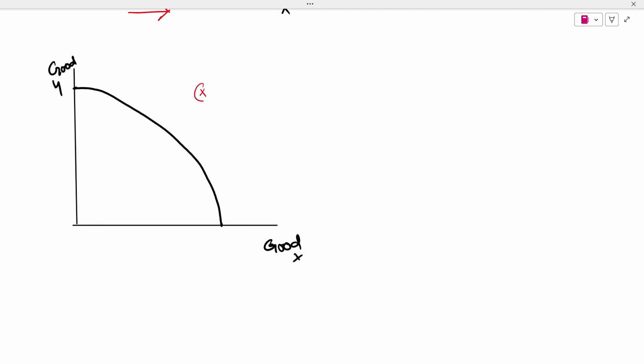This point which is outside the PPC basically represents that this is unattainable at the moment, because it means that we do not have sufficient resources to attain this point. We don't have sufficient technology available. We don't have sufficient factors of production to produce these quantities of good Y and good X simultaneously. So currently in the present, this point is unattainable.